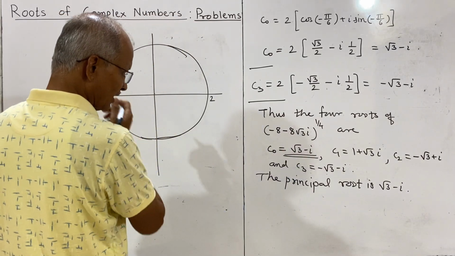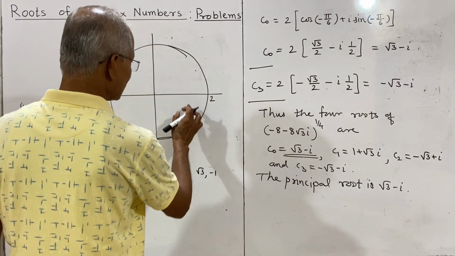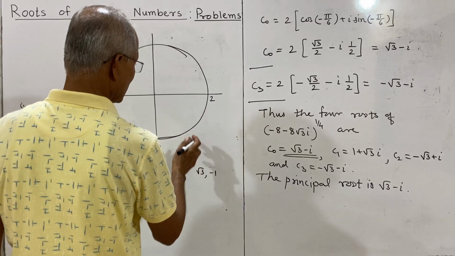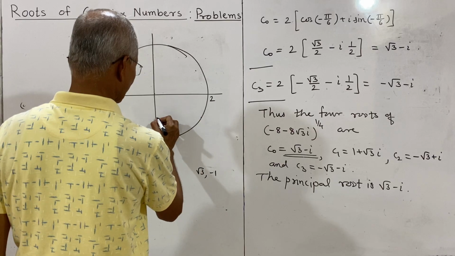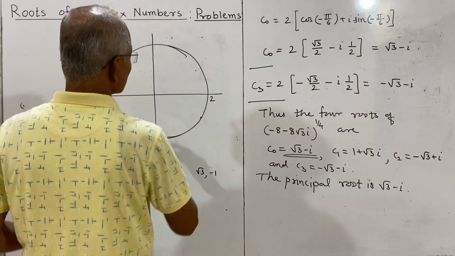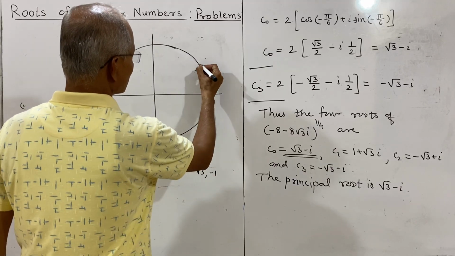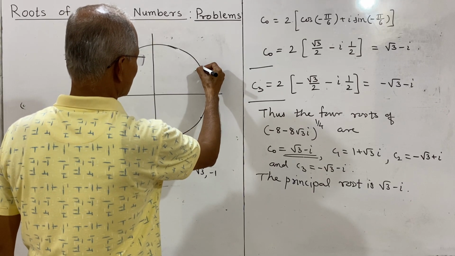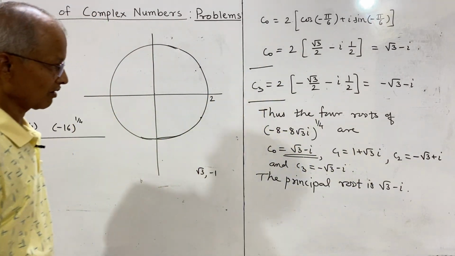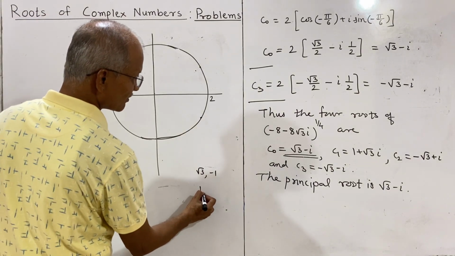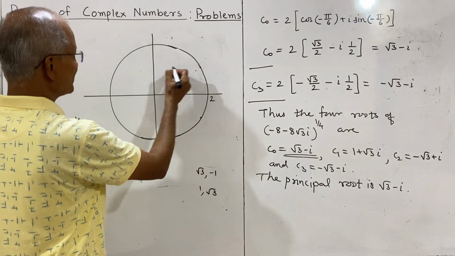So root 3 and the corresponding coordinate will be root 3, minus 1, and therefore that will be in the fourth quadrant, somewhere here. And now the other will be exactly opposite to this, that will be this one, 1, root 3 in the first quadrant, and then the corresponding ones will be on this side.